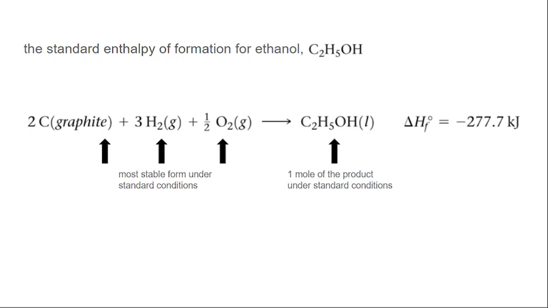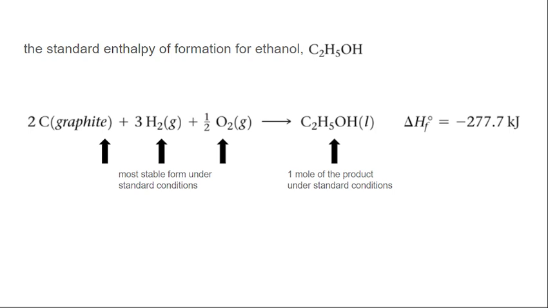We're also going to see that the elemental source we're using for carbon is graphite instead of something like diamond, since graphite is the more stable form. It's the lower energy form at standard conditions. Then we're also using H2, hydrogen gas, because this is also the most stable form of hydrogen. And as we can see, 1 mole of ethanol is always produced because we always produce 1 mole of the product.